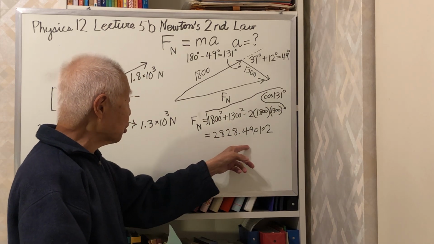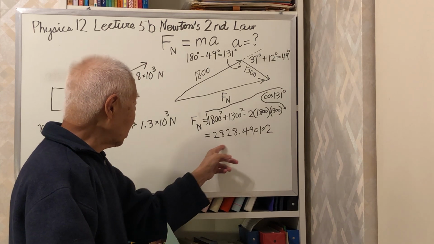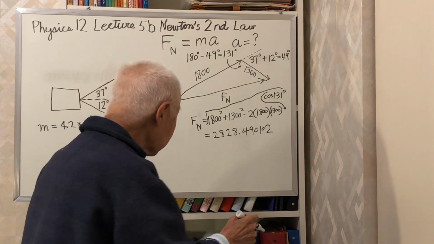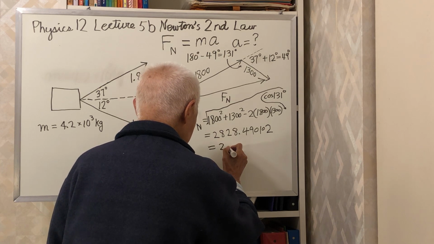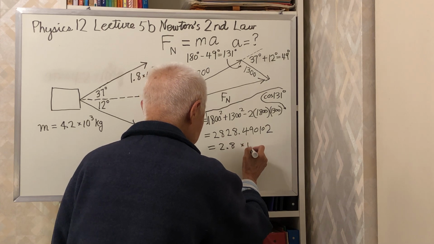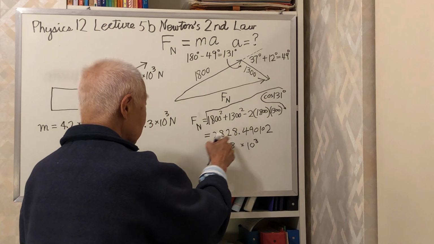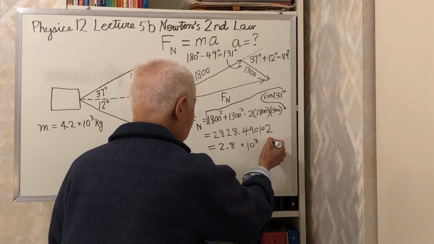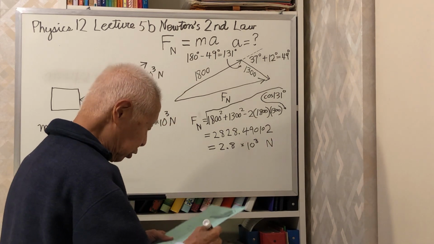The calculator shows you all the digits available, so you can round it. So it's 2.8 times 10 to the 3. Move the decimal from here to here, and you write this, and this is your net force.